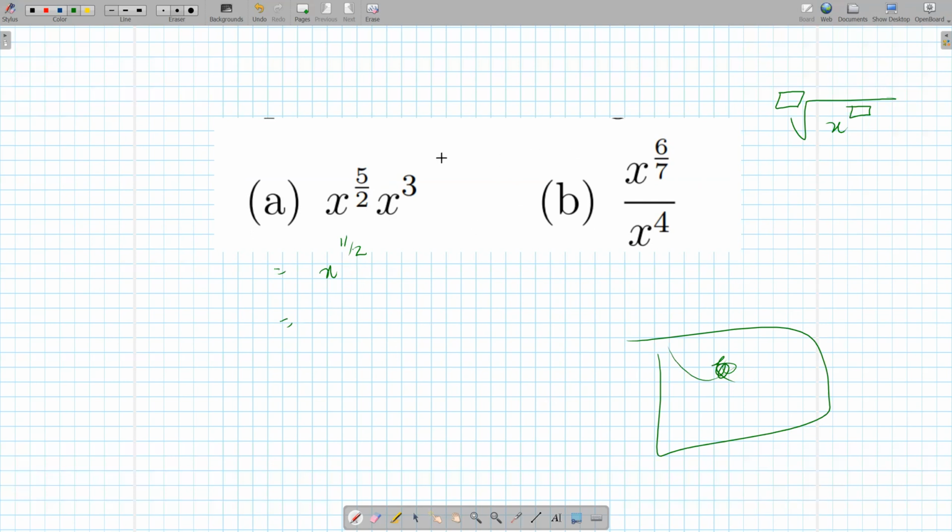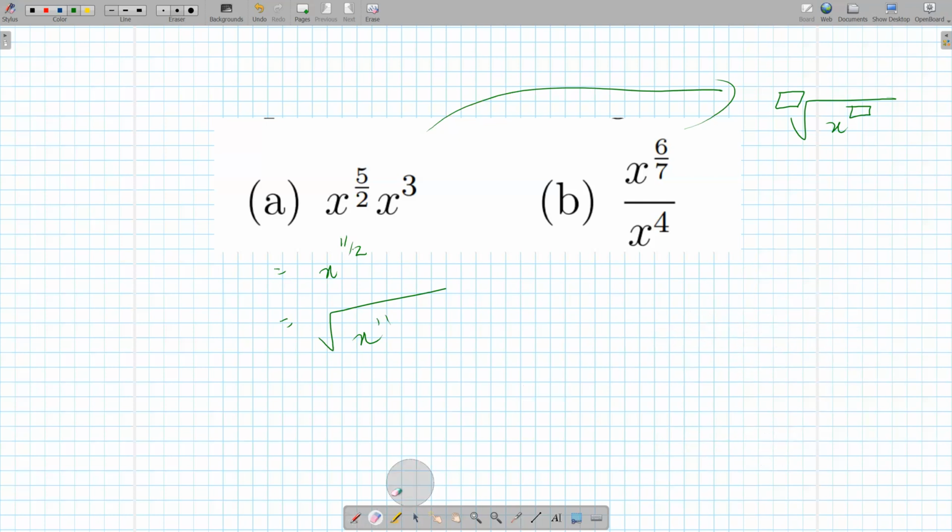So if you want to write this in that form, what do we get? X to the power of 11. Yeah, there we go. Okay. Easy as that. Now here's a question for B.